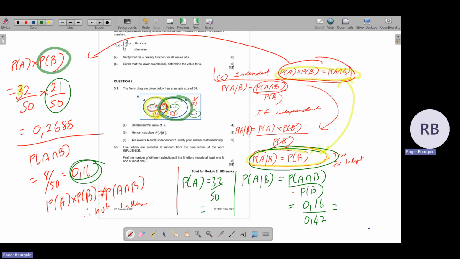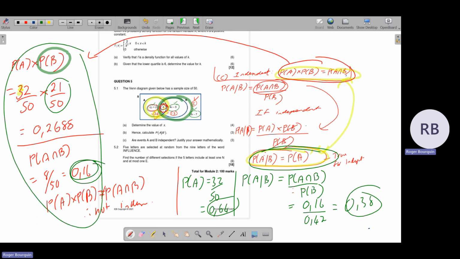And so here the probability of A is 0.64. And that one over there is equal to 0.16 divided by 0.42, which is equal to 0.38. So these are not equal, so therefore they can't be independent. So A and B are not independent events. Probably easier to use as well.